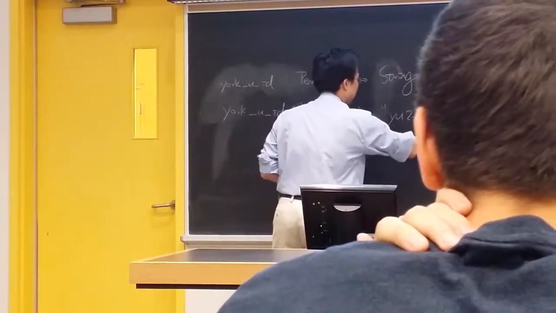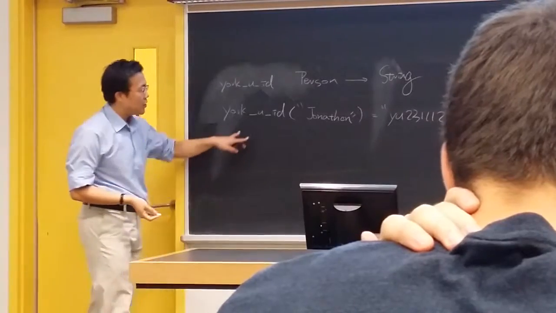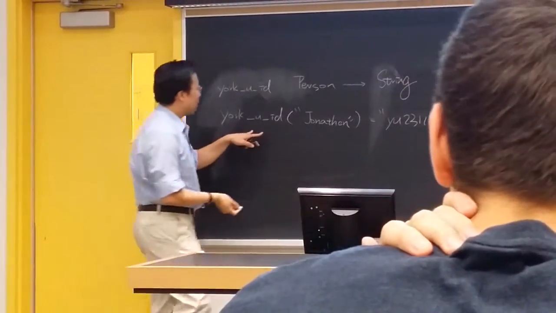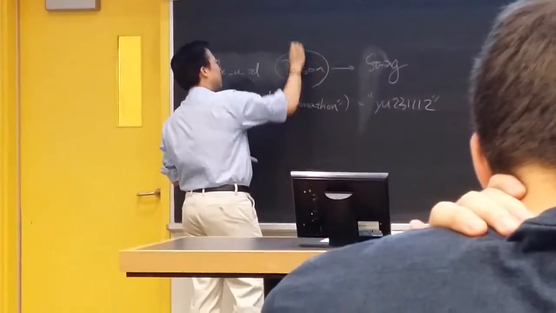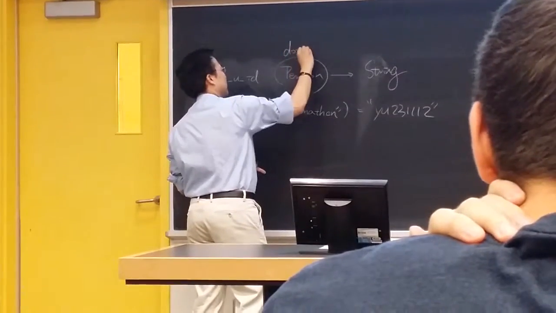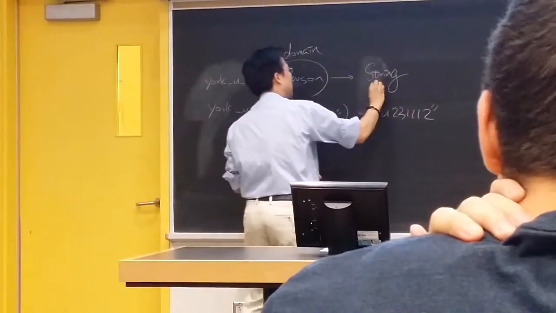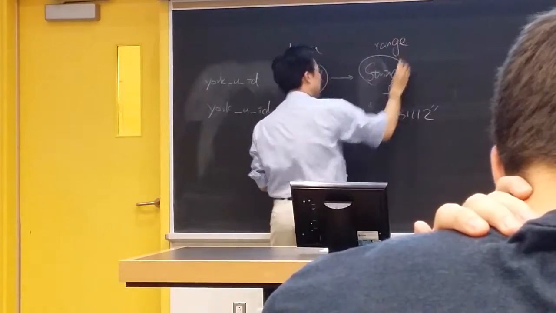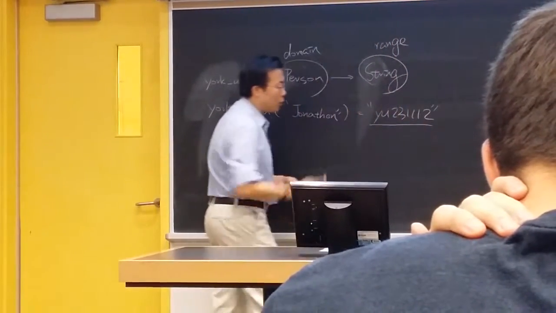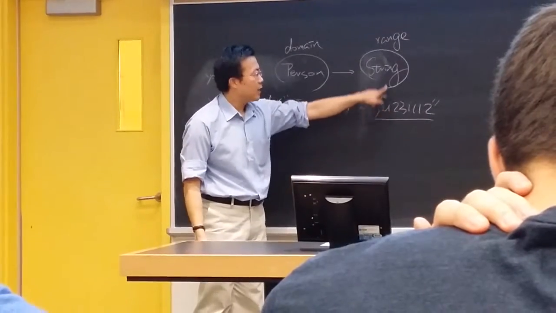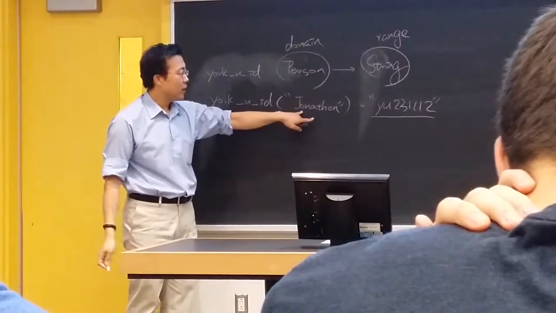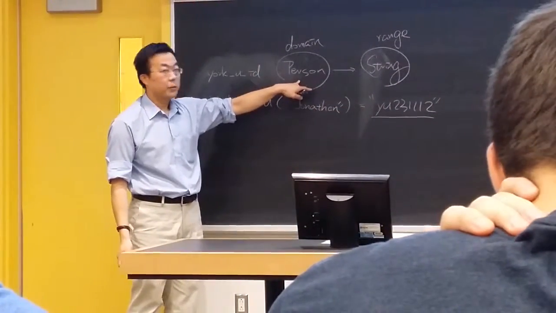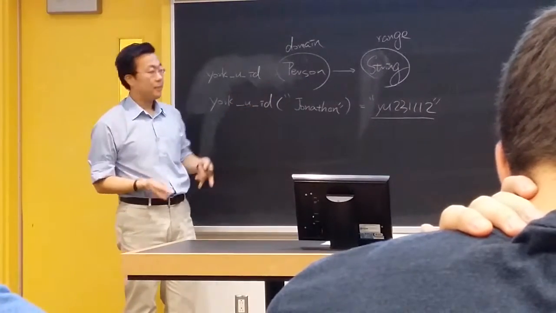So that's a string. So that's one possible application of the function, right? So we call this the domain of the function, and we call this the range of the function. So you see here, YU231112 is one possible value for the range. And here, Jonathan is one possible value for the person's name, okay?